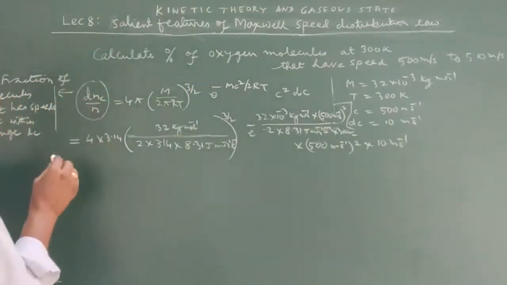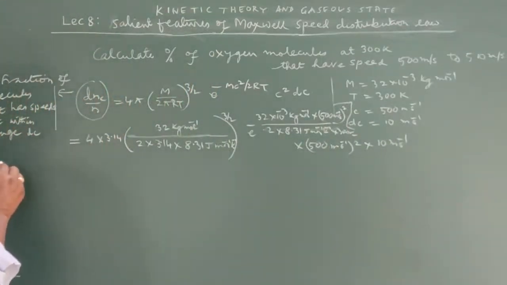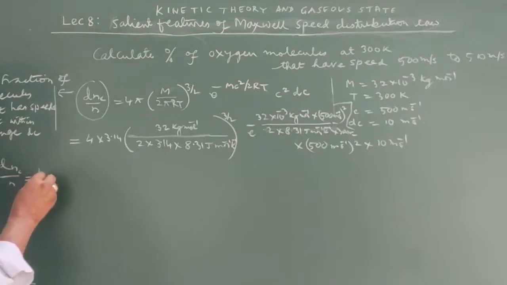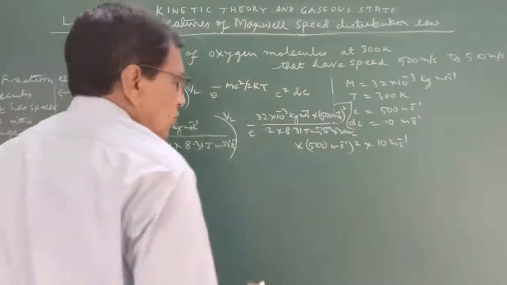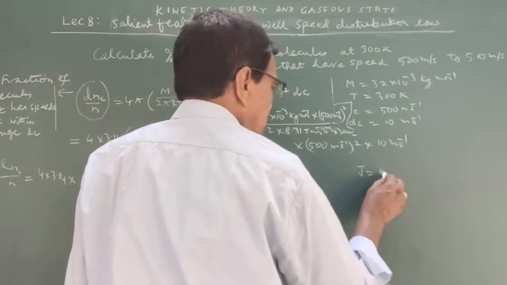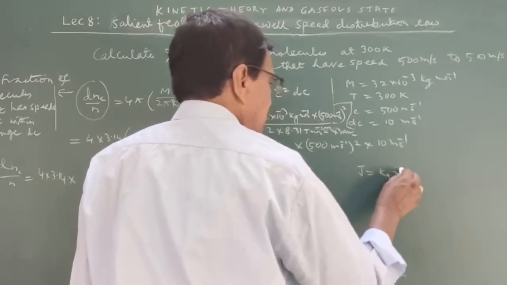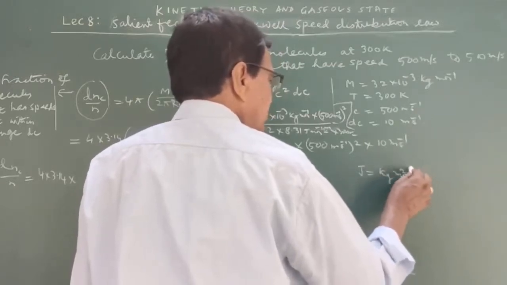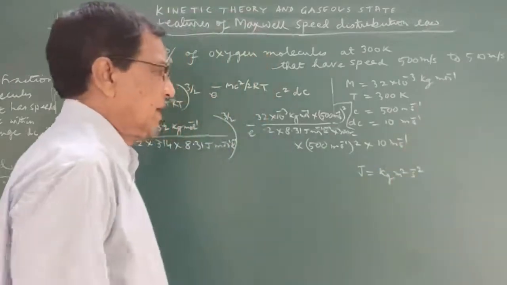So we can write dN_c by N equal to 4 into 3.14 into, and we can replace this joule. Joule is equal to kg meter square second inverse square.